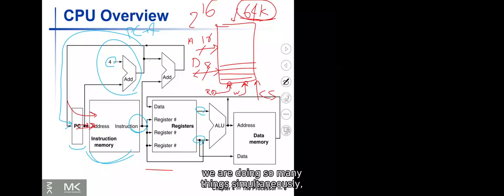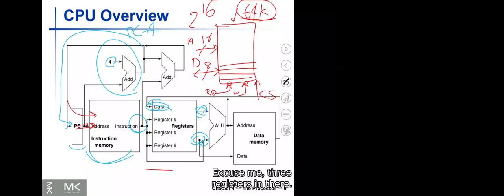And also, since we are doing so many things simultaneously, we have a different data bus for writing. Here we have 3 data buses, 2 for reading and 1 for writing. It is different from the memory that I showed you.